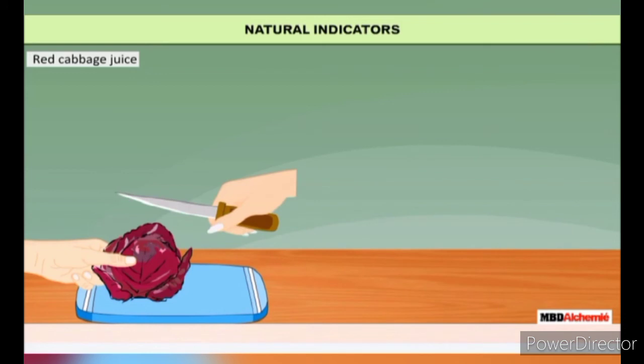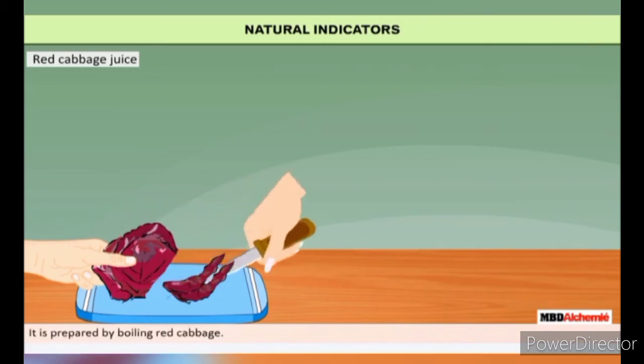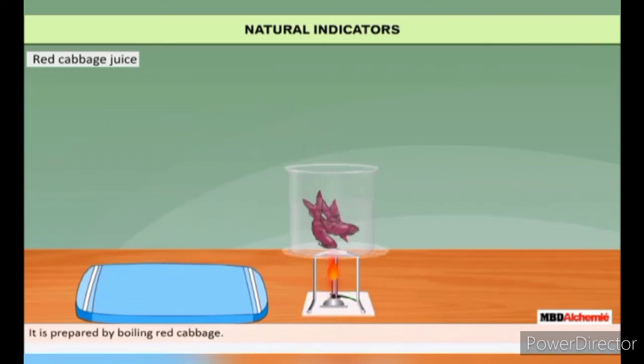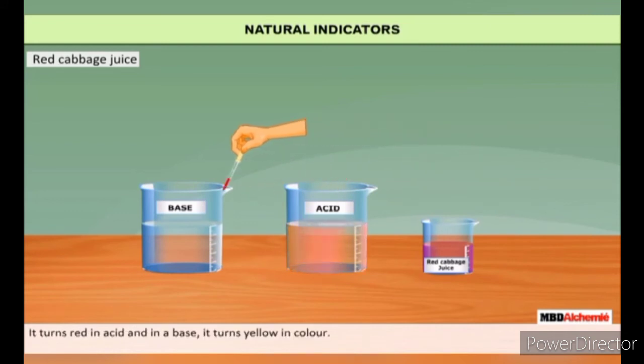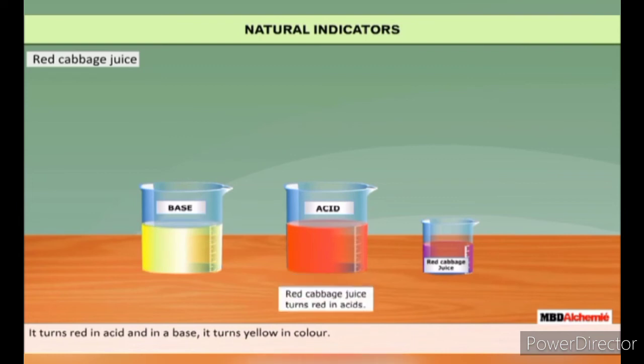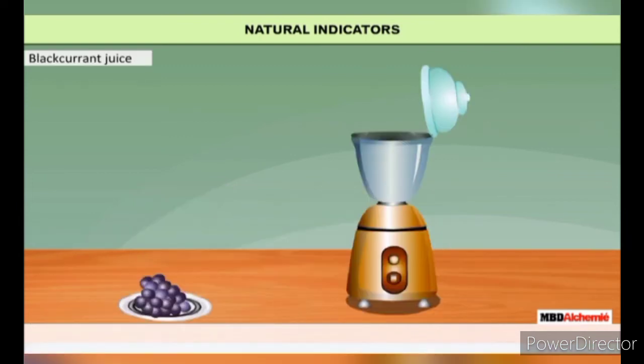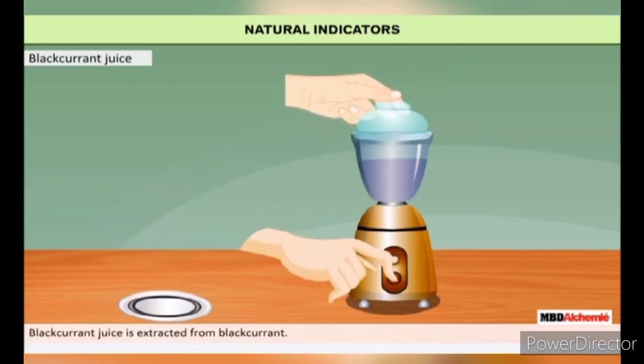Red cabbage juice. It is prepared by boiling red cabbage. It is an acid or base indicator. It turns red in acid and in base it turns yellow in color. Blackcurrant juice. Blackcurrant juice is extracted from blackcurrant.